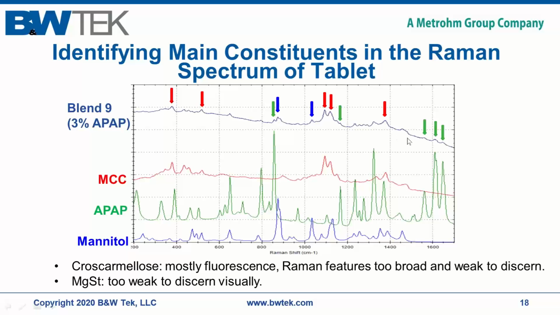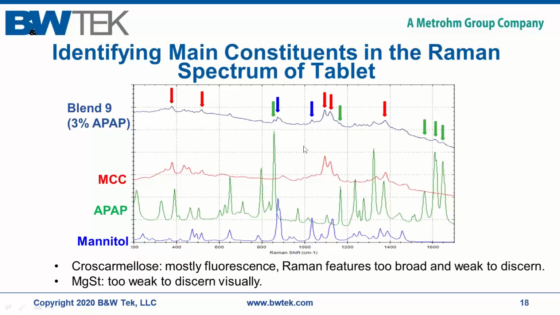And we have it marked here where we have distinct peaks that are separated from the other materials in the formulation. And we don't show the croscarmellose, which has mostly broad bands and fluorescence, nor the magnesium stearate, which is too weak to discern visually in the Raman spectra.